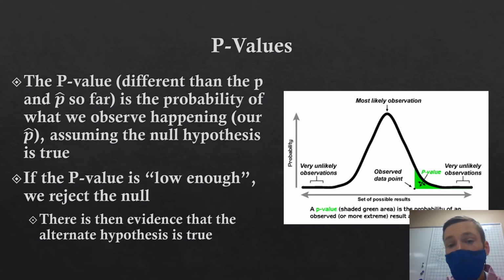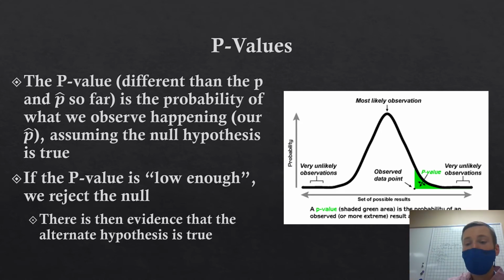So when it comes to determining is there evidence that our null could be true or could not be true, it all comes down to what we call our p-value, okay? And a p-value is simply a conditional probability. So the p-value, which is different than our p, our parameter, also different than our p-hat, so there's a lot of letter p's coming around. Our p-value is the probability of what we observe happening, assuming that our null hypothesis is true, okay?